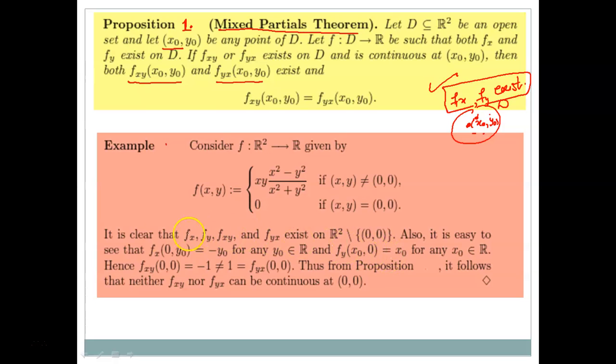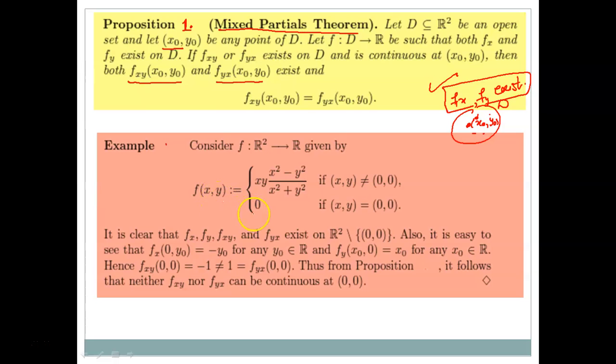In this example you can see that f from R square to R is given by this expression when (x, y) is not equal to (0, 0), and equal to 0 if (x, y) equals (0, 0). It is clear that the first order partial derivatives fx and fy exist on the whole domain.